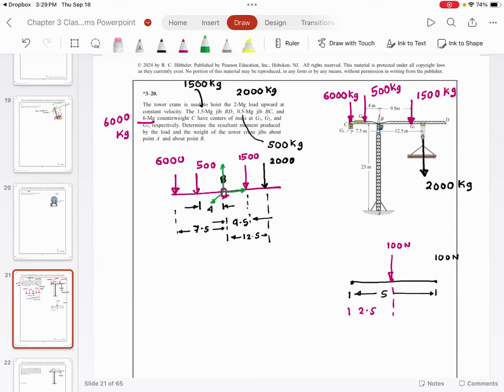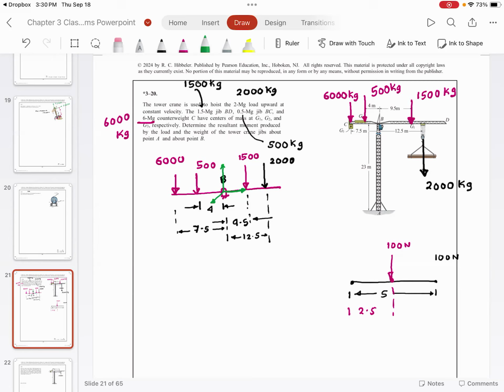Now, just for kicks, can someone tell me what would be the force or forces at point B? Again, what is the golden equation for statics? Summation of forces is equal to 0. Summation of moments is equal to 0.